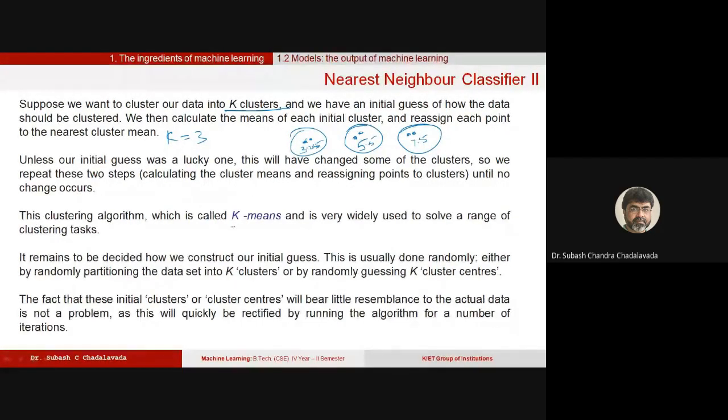So this algorithm is called the k-means algorithm, which is widely used in machine learning. Don't worry about the algorithm if you don't understand, because you'll be learning about this in detail in the later part of our syllabus, where you learn about the k nearest neighbor classifier, the k-means algorithm, and all. So this is a clustering algorithm.